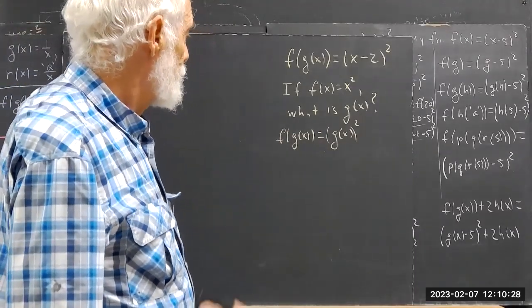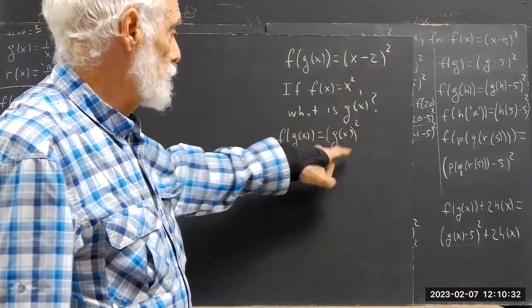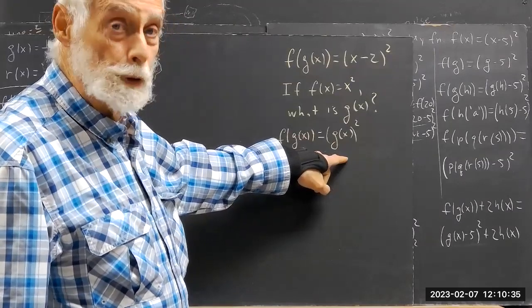Now, if f of g of x equals x minus 2 squared, and f of g of x equals g of x squared, then what's g of x?